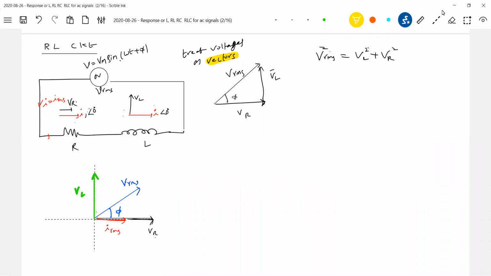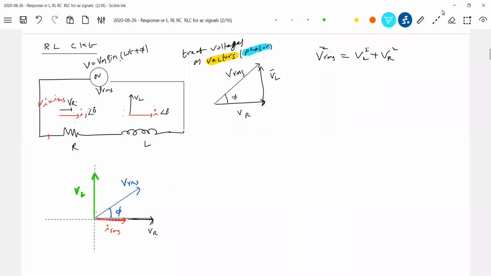If I say phasor, you again start thinking something like VRMS equals VL plus VR. So let me write vector so that it will flash for you and get into your brain: VRMS square equals VL square plus VR square, not VRMS equals VL plus VR. But we should call it a phasor. I'll write it in the bracket. The word phasor is correct. They should be called phasors, having magnitude and phase angle.